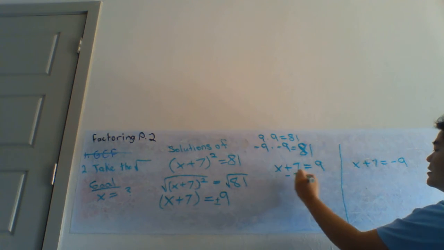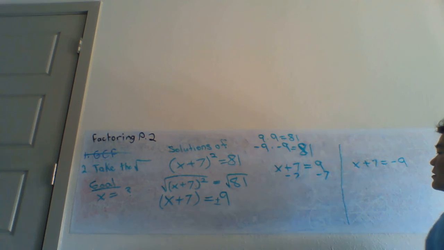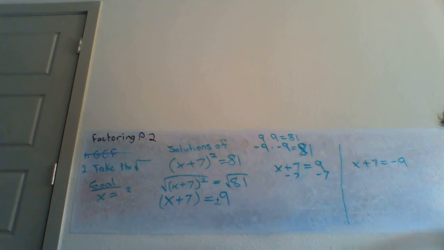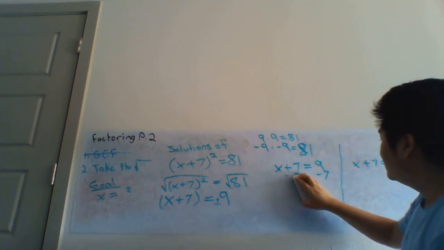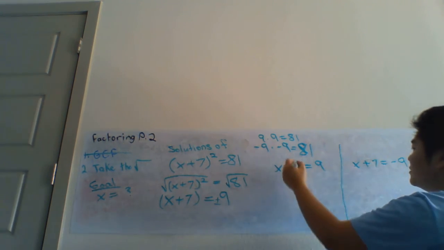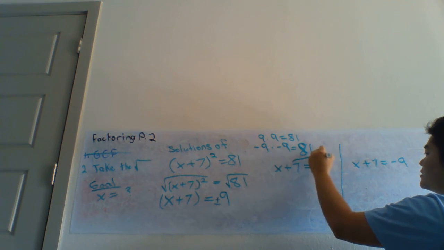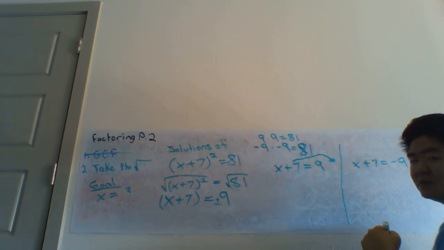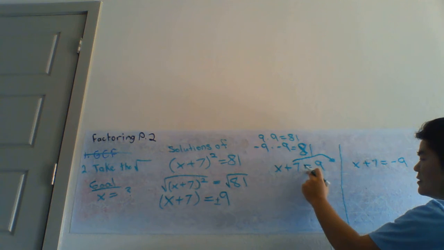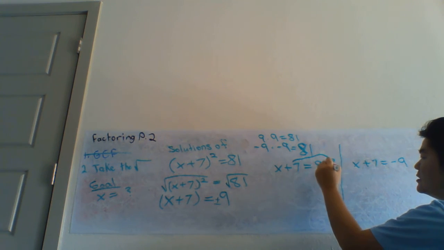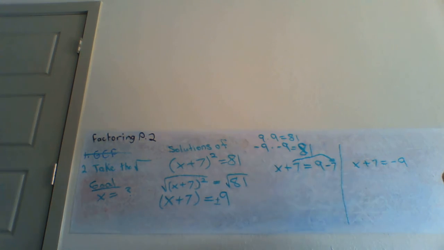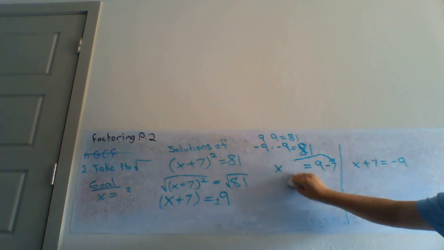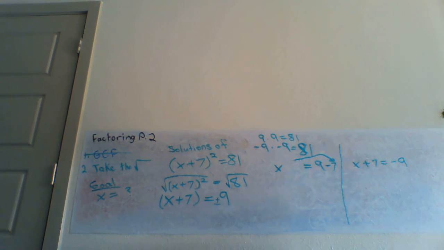Minus 7 here, minus 7 here. Or, I know some of you know solving by moving the 7 over to the other side, and if it ever crosses the equation line, you have to change the sign. So that works too. Either way works, as long as you're getting to the correct conclusion.